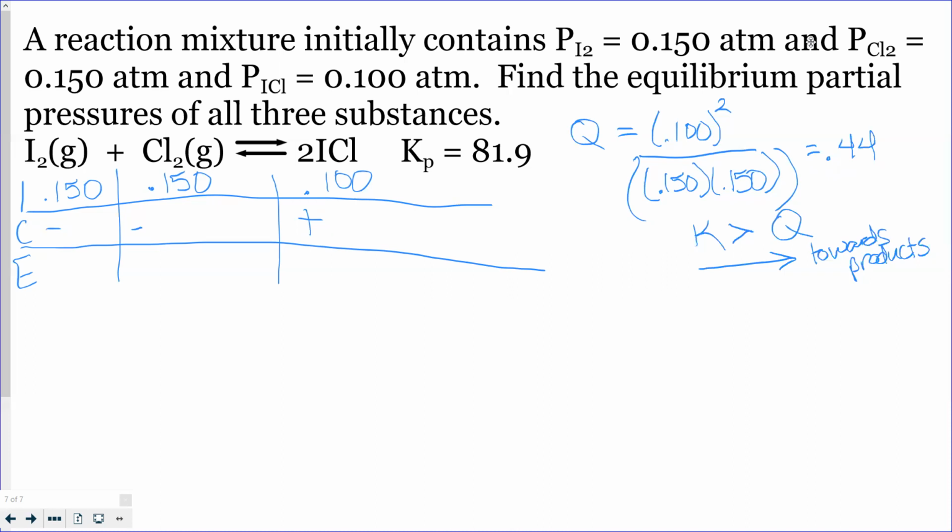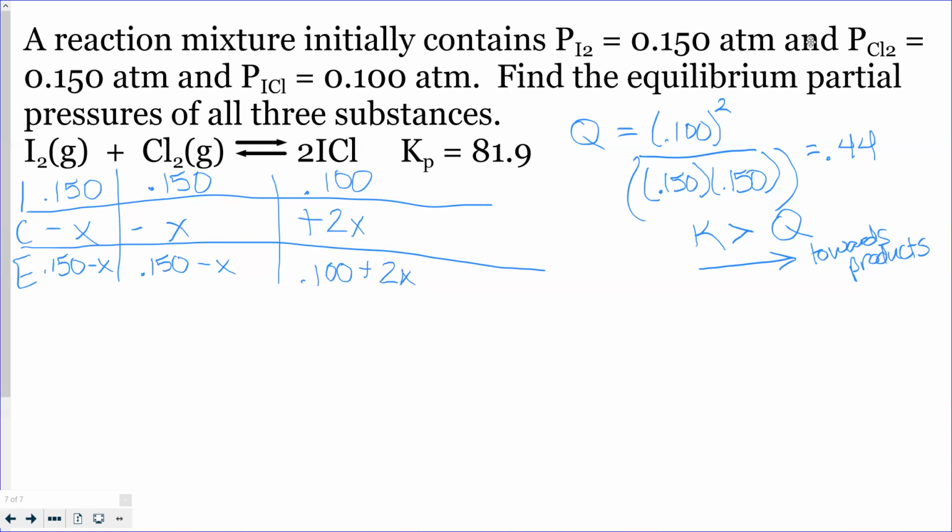So iodine is going to decrease by X, chlorine is going to decrease by X, and the iodine chloride is going to increase by a factor of 2X. So when we plug that into our equilibrium amounts, we have 0.150 minus X for both reactants, and then 0.100 plus 2X for our product.